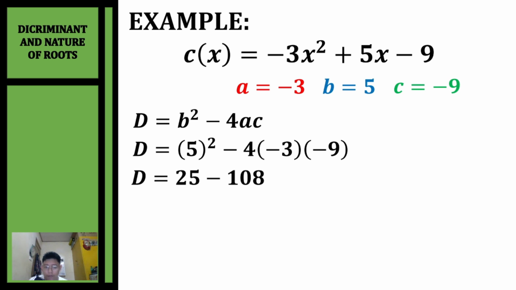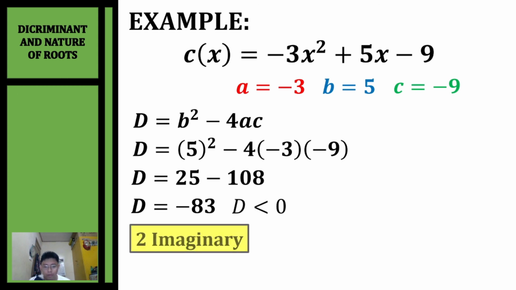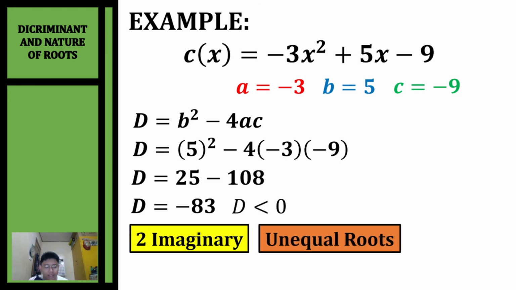We will have 25 minus 108. Then combining like terms, our discriminant is -83. Let's identify if it is greater than 0, equal to 0, or less than 0. Our discriminant is less than 0, therefore we will have two imaginary roots that are unequal.